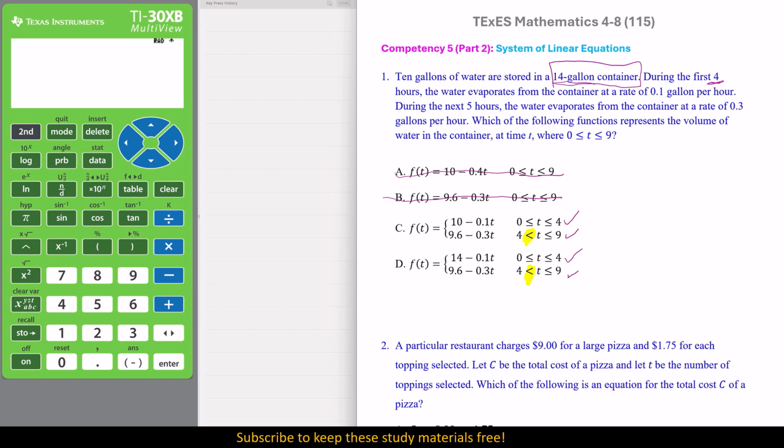They could have said trough. They could have said large pitcher. They could have said anything. Vat, a big vat, or it could have been oil in a vat. It could have been anything. So that's a name, not a value we are using.